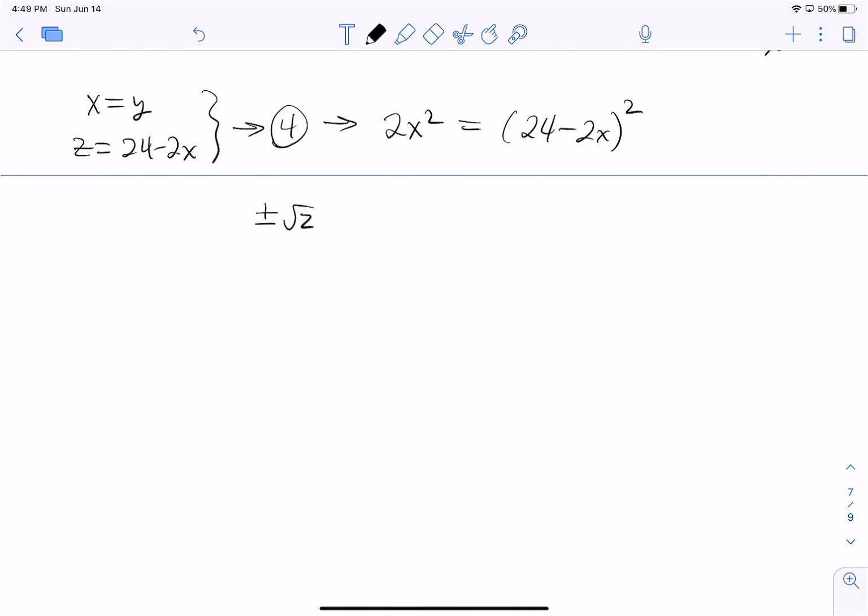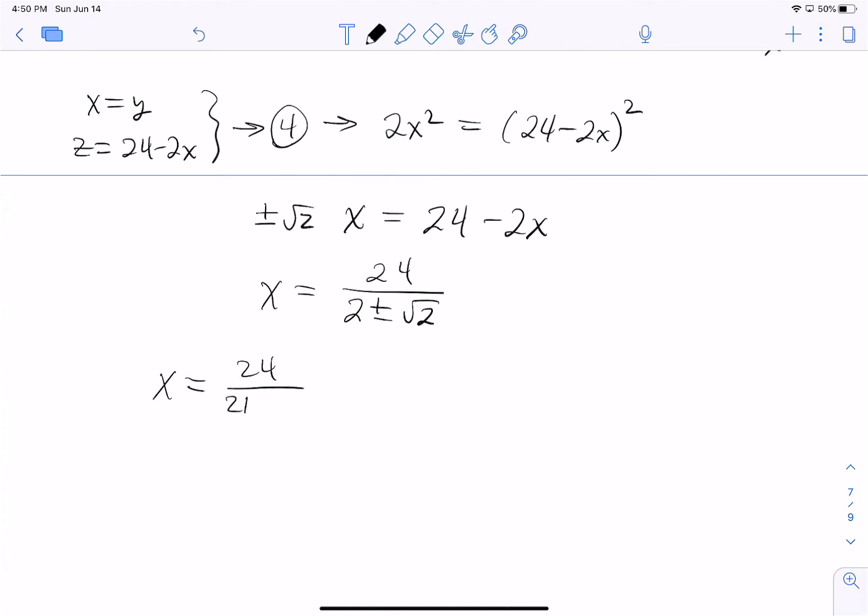Plus or minus the square root of 2 times x is equal to 24 minus 2x. Combining like terms and then factoring out x and dividing is going to give us x is equal to 24 divided by 2 plus or minus the square root of 2, which we can split up into 24 over 2 plus the square root of 2, and then 24 over 2 minus the square root of 2.